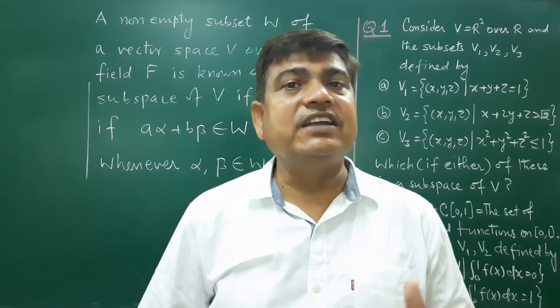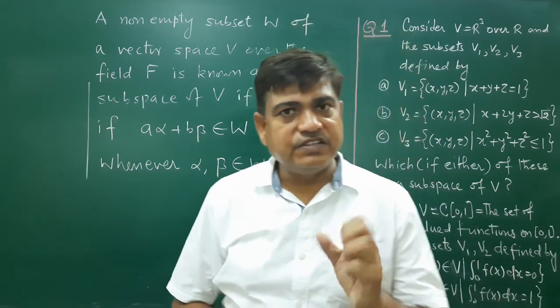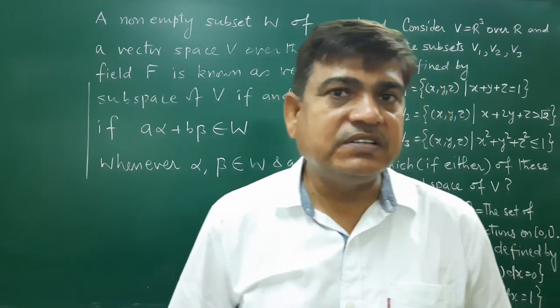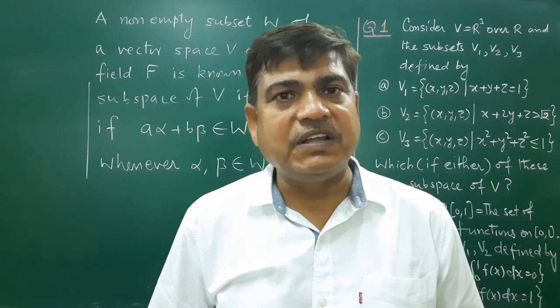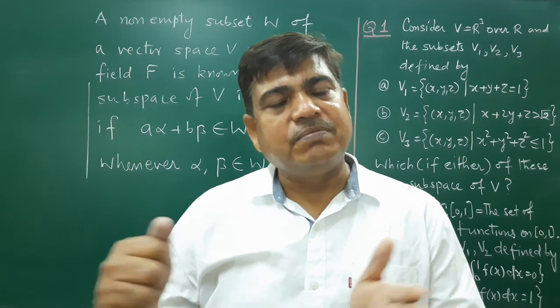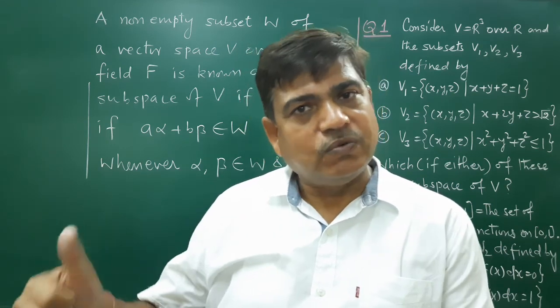That means all 10 properties must be satisfied by W. In short, if W is closed with respect to addition as well as scalar multiplication, then W is known as a subspace, because the remaining 8 properties will be inherited from V.